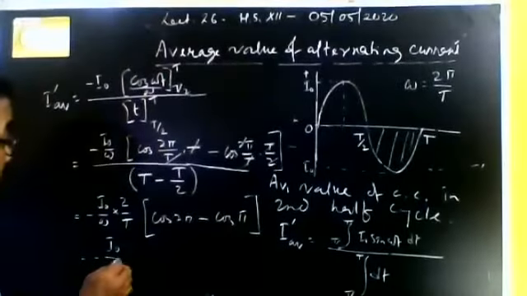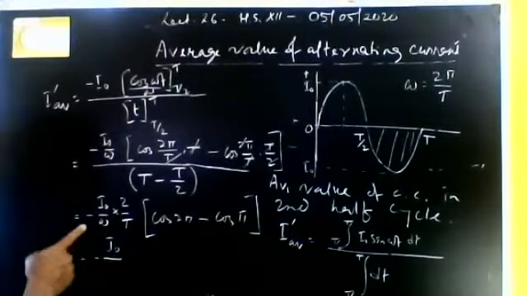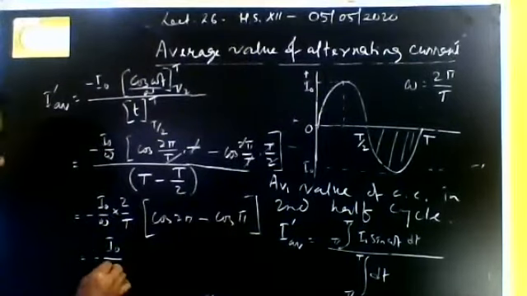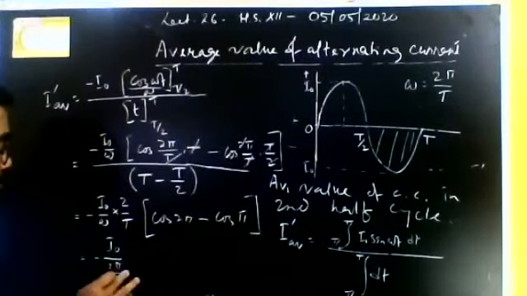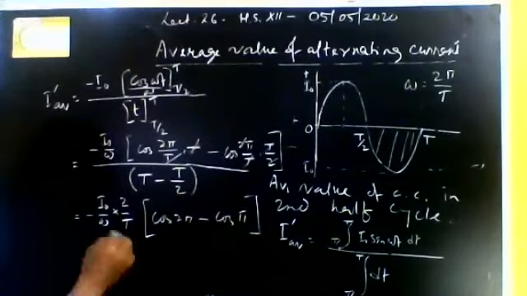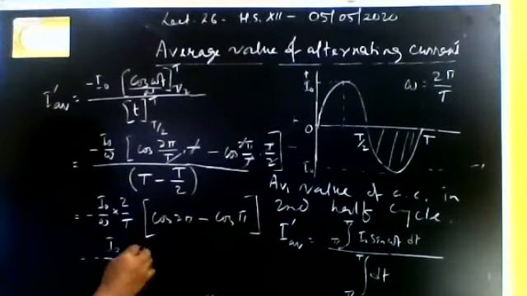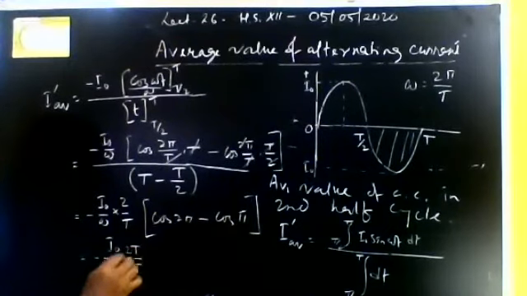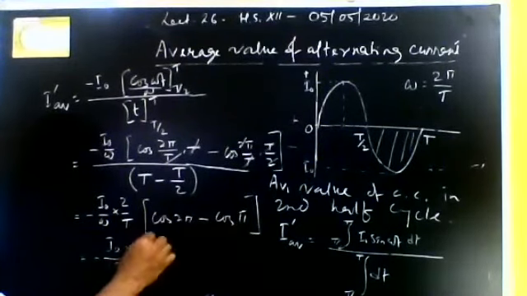Okay, minus I naught and 2π by capital T. That T will go in the numerator, T will be cancelled.